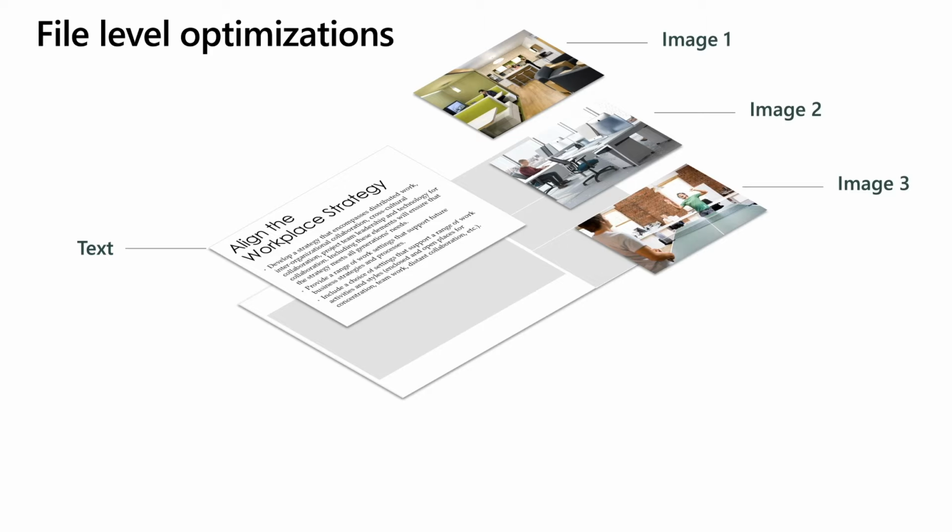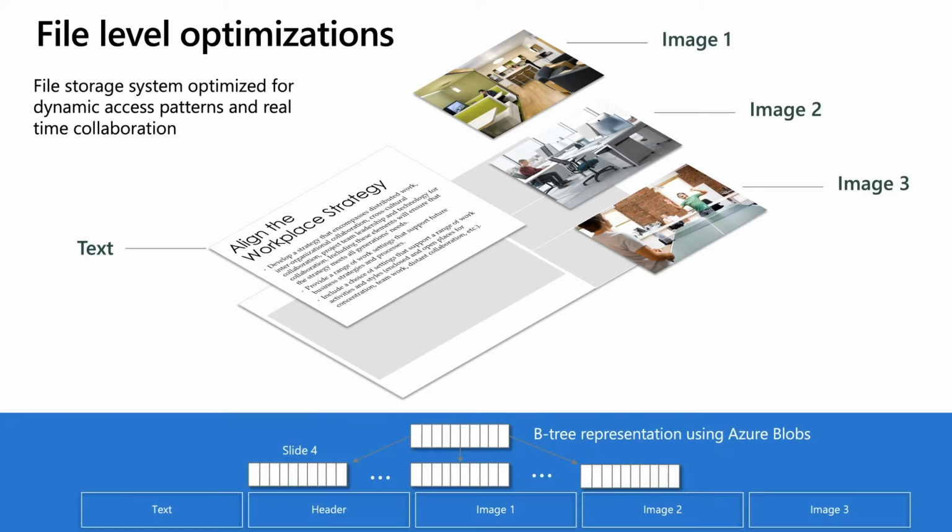So what we wanted to do from a storage subsystem perspective is actually build enough knowledge into our subsystem where we could dynamically access parts of the document, allowing us to be precise about what we access, what we update or edit. And this is where we are able to use our backend infrastructure on Azure with some smart B-tree logic that allows us dynamic access to contents of the file or specific parts of the file in basically constant time.